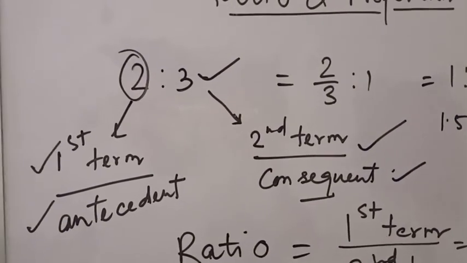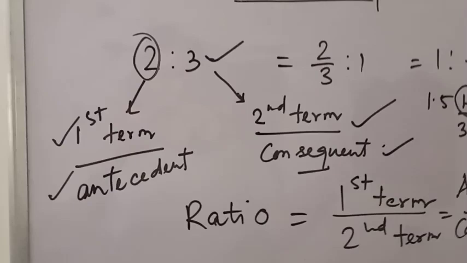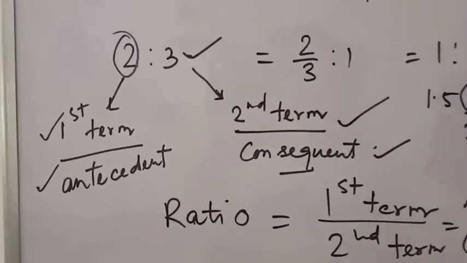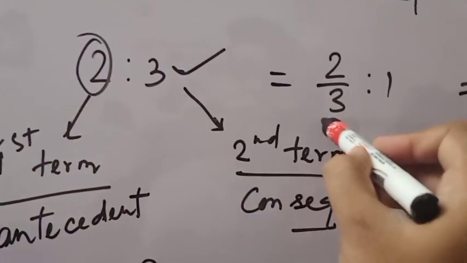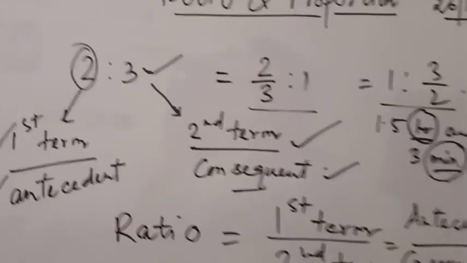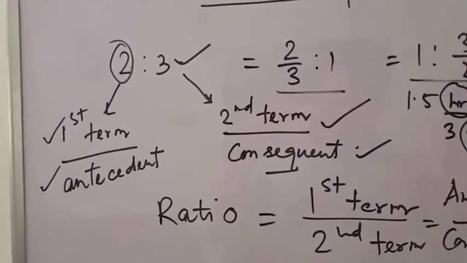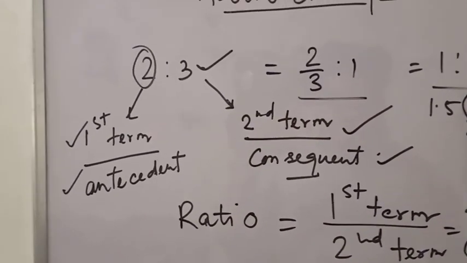Now, a ratio doesn't have any unit of measurement. You already saw that. I'm not writing any unit when we are finding the ratio. That means the ratio has no unit.